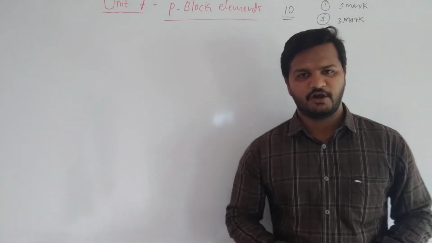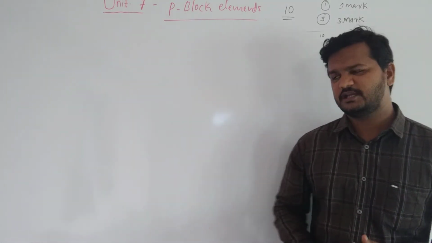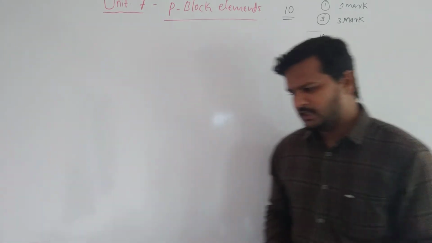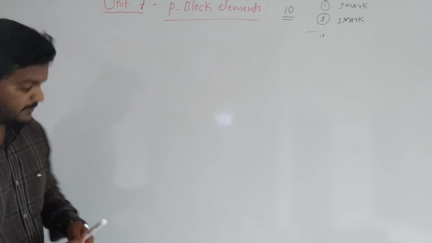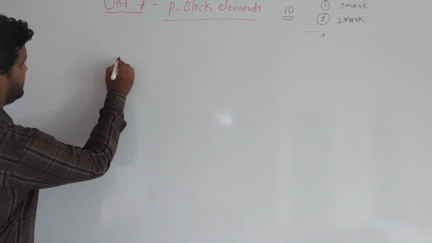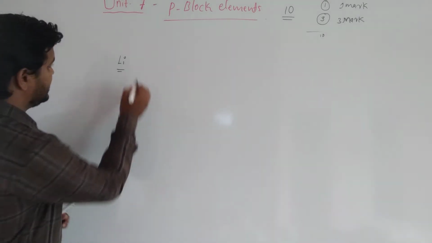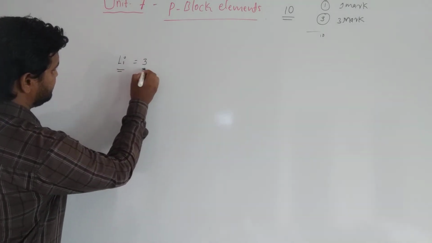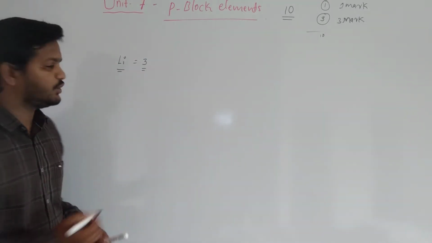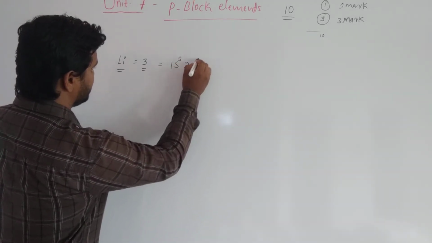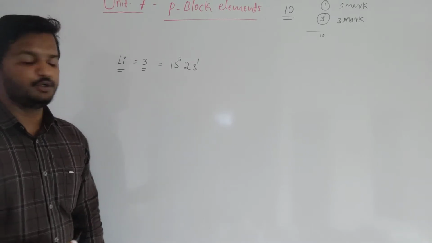You can take one example here: lithium. What is the atomic number of lithium? Lithium's atomic number is 3. And what is the electronic configuration? 1s2 and 2s1.